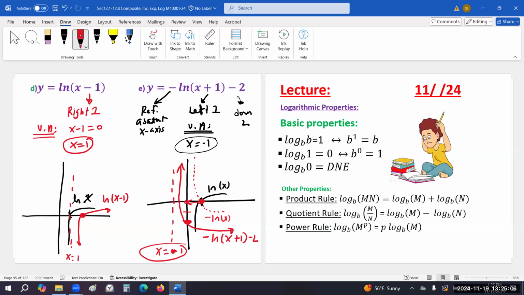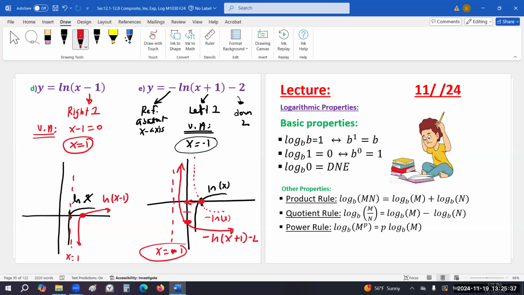Second one says, if we have argument 1, log 1 is 0. What does it mean? It means our x value is 1. When x is 1, our log function has a y value 0. That's why we have the x-intercept 1 here. When our x is 1, our y is 0. We get an x-intercept.